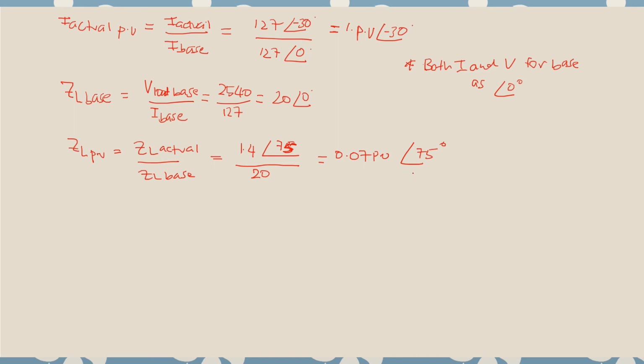So now, after having all this information, we can calculate the VLL, as what the question wants us to calculate. For the single phase, VS is given by the formula I ZL plus V load.